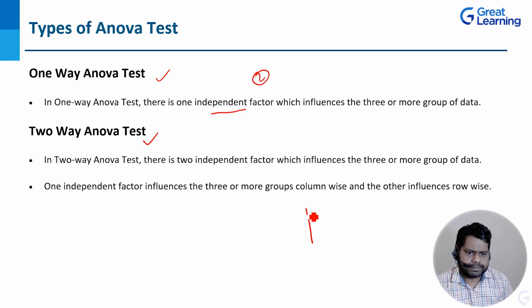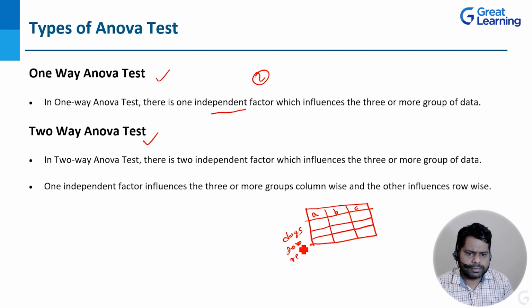Suppose there is a disease for which we have three medicines: medicine A, medicine B, and medicine C. And we can see the days to recover.